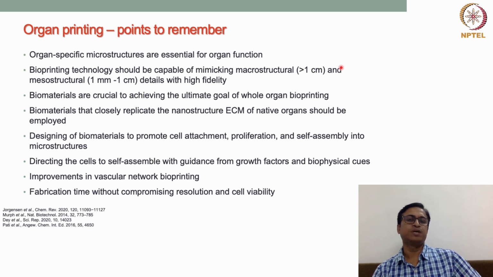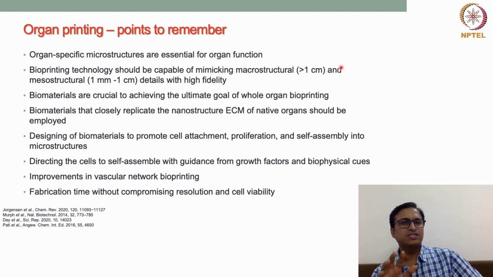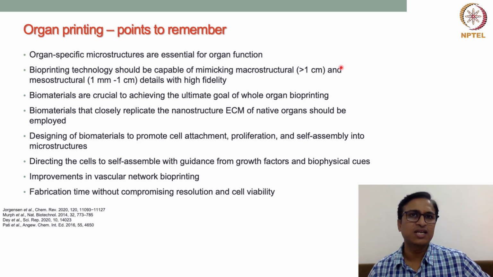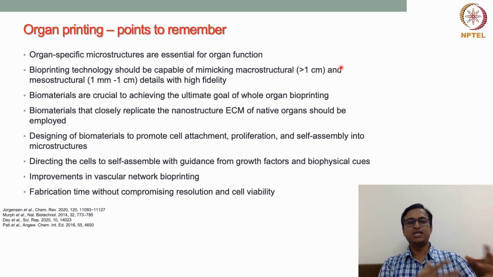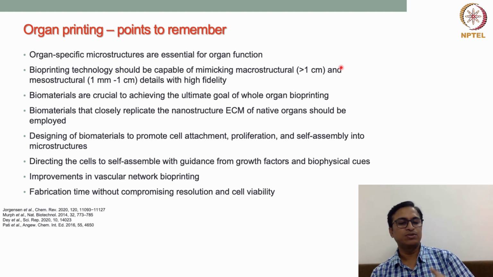So we need to design a vascular network and bioprint it. Some studies already exist in this domain, but how can we improve that so that we can print a vascular tree exactly mimicking the native vascular tree in a bioprinted construct? Then only can we supply the cells, so that cells can survive and the tissue function can be established.